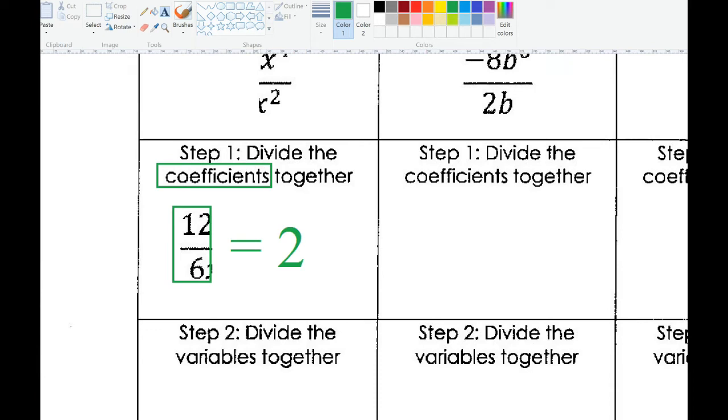Now we're down to dividing the variables together. What are the variables? They're going to be highlighted in blue so that you can see.